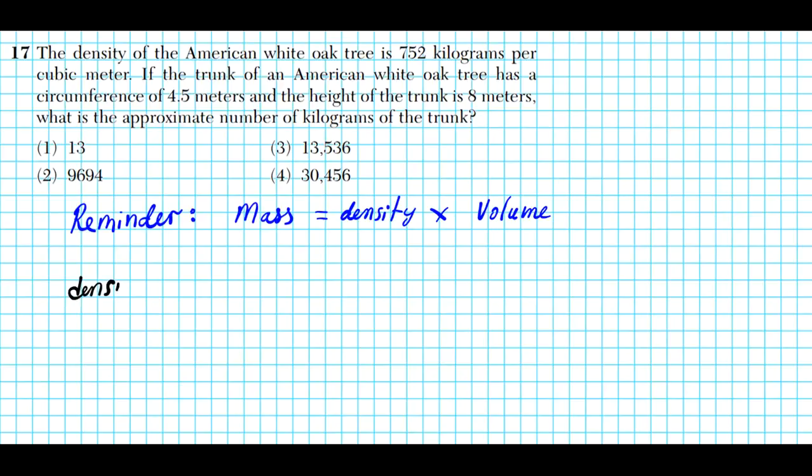The density is 752 kilograms per cubic meter. The mass is what we're looking for. Okay? We need to find the volume. Since we have just one equation, we can only have one unknown. Now, what are we looking for the volume of?